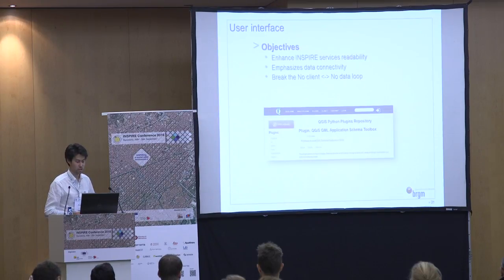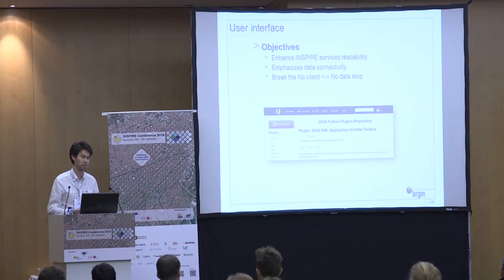The idea is that we want to enhance Inspire services readability, emphasize data connectivity, and also break the no client, no data loop. This is what we have with our domain colleagues, because they say, well, we will provide our data with Inspire, but we don't have any tool to get it and to use it.